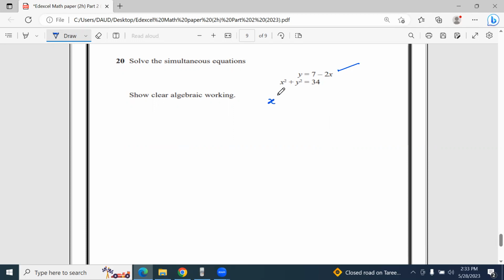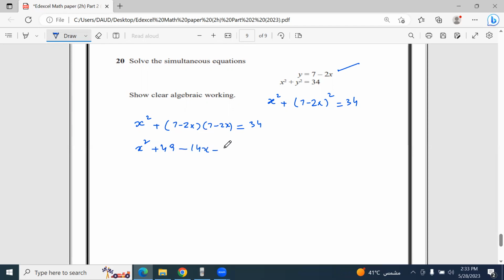The second becomes x square plus, in place of y, 7 minus 2x whole square, is equal to 34. So x square plus 49, and 7 into 2, minus 14x, again minus 14x, so minus 28x, plus 4x square. Bring 34 from right to left, so it would be minus 34 is equal to 0.